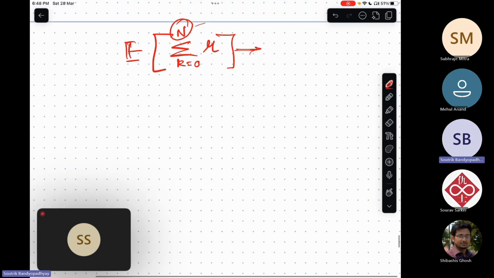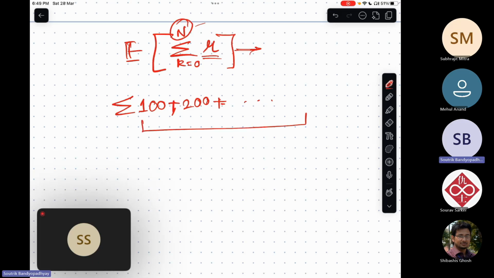Now, suppose I have some reward which is a positive value, right? It may be, let's say, 100 or 200 and so on and so forth, right? When you add these values up, the chances are that this sum may not be bounded, right?